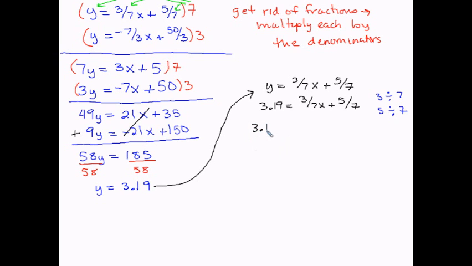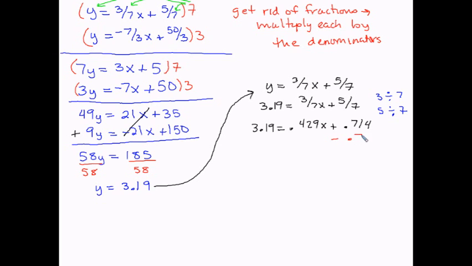So I'm going to get 3.19 is equal to 0.429x plus 0.714.